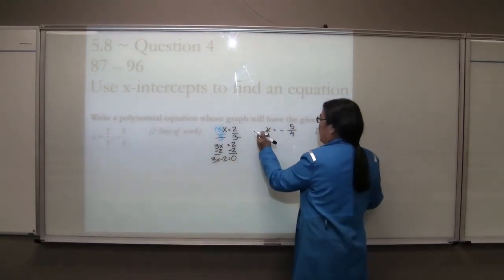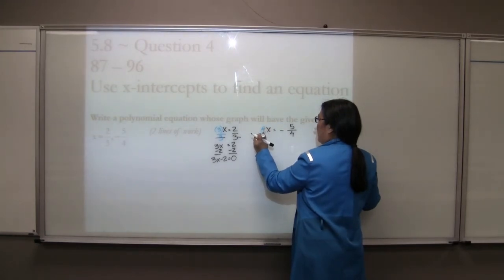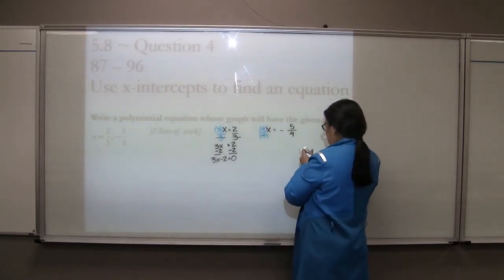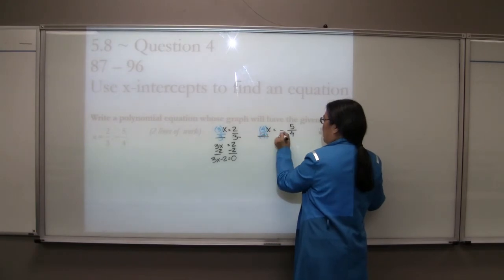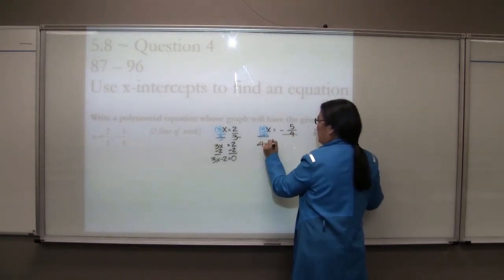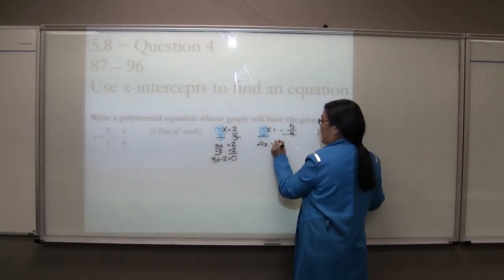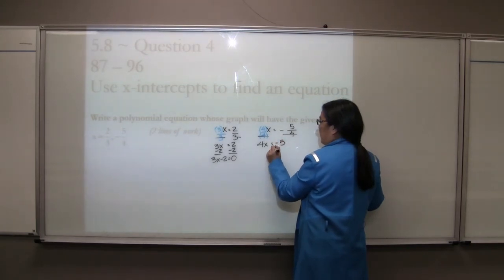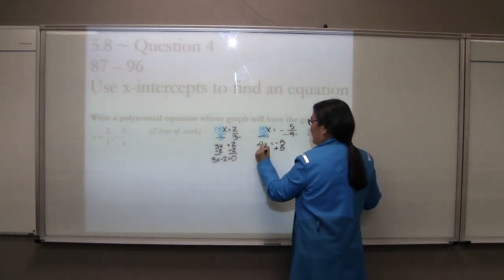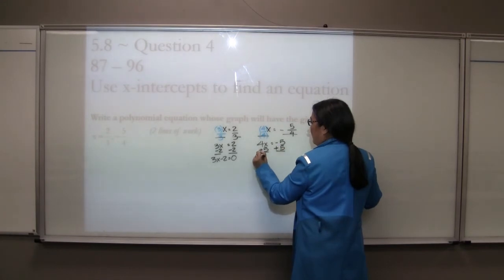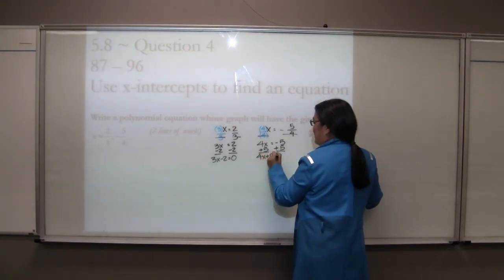Common denominator is 4. 4 on the bottom, 4 on the top. We're multiplying. Pew pew! We get 4x equals, hey, make sure you keep that, negative 5. Getting it on one side equal to 0, it's going to work. We have 4x plus 5 equals 0.